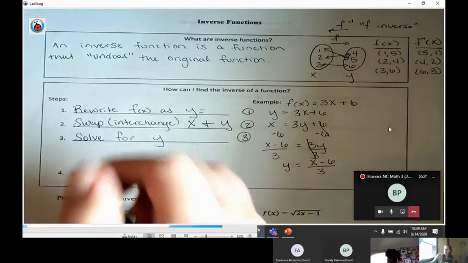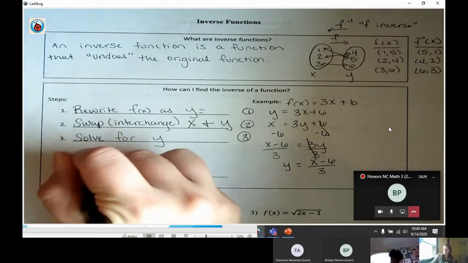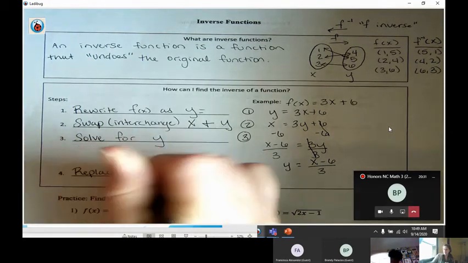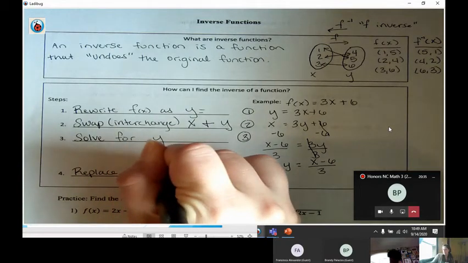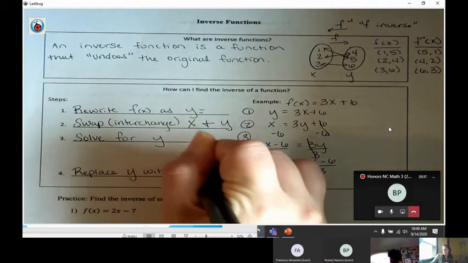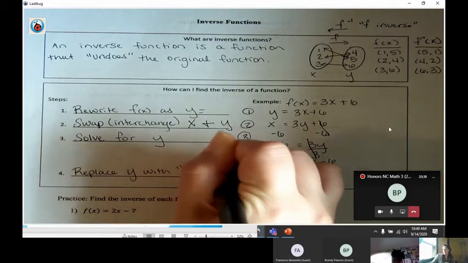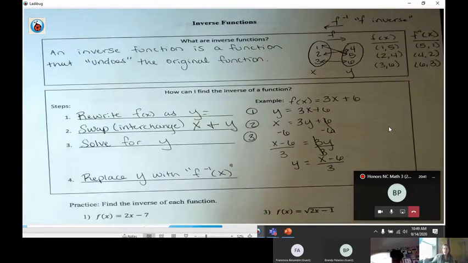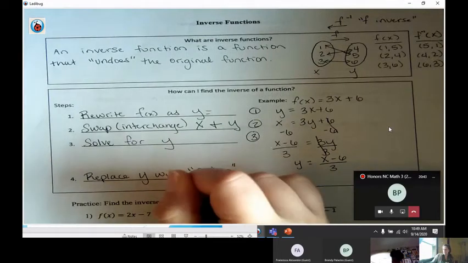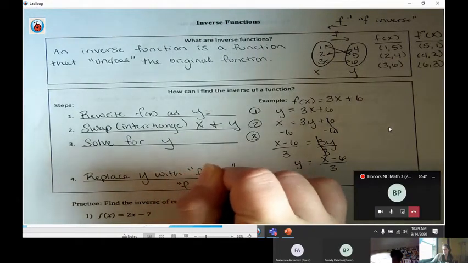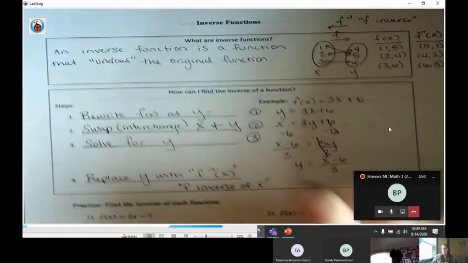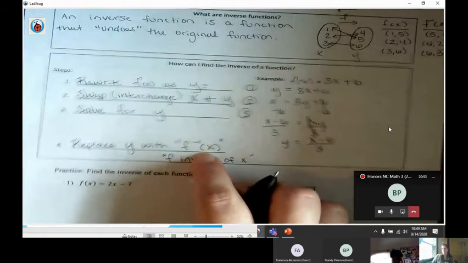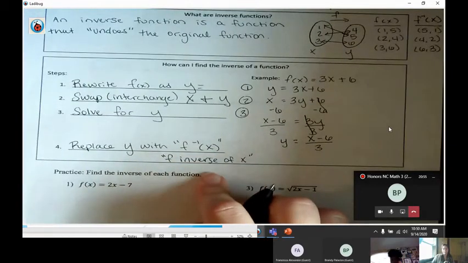We're going to move on to step 4, which is to replace y with f inverse of x. Okay, and remember we say this as f inverse of x. So we write it like this, but we say it like that.